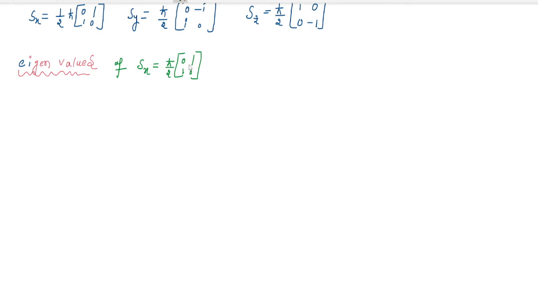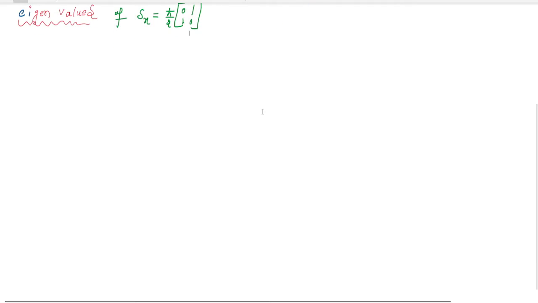So here I am going to find the eigenvalues of this Pauli matrix. Now the equation is A minus lambda I equal to 0.